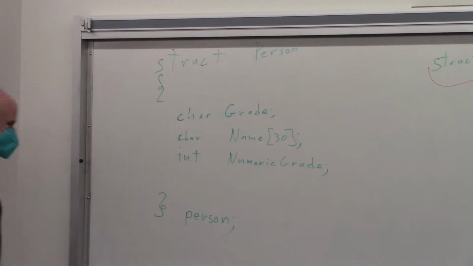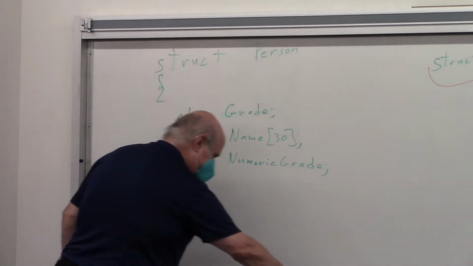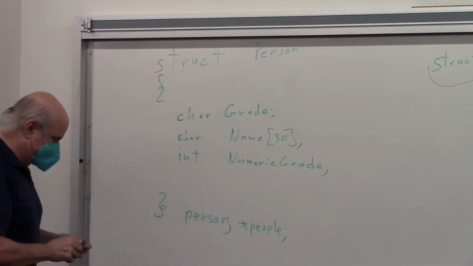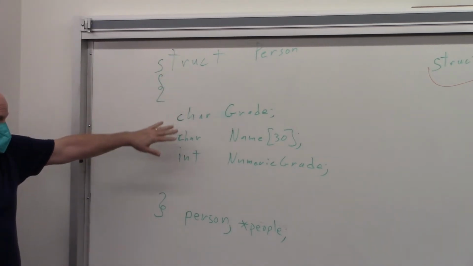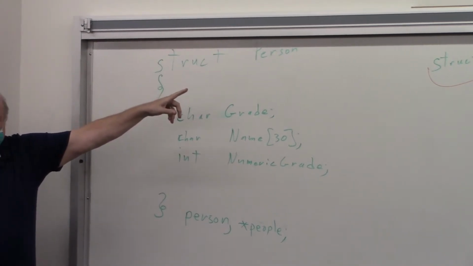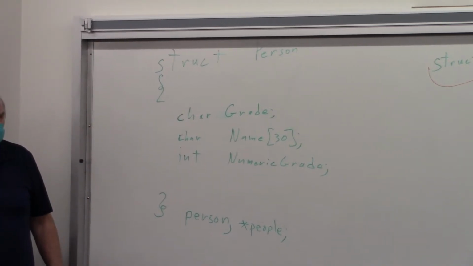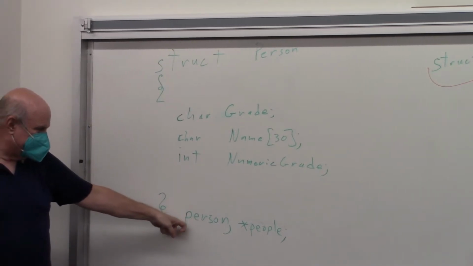It gets even better. And yes, you need to know all this, because there you have not only declared the structure type named person with a capital P, you have declared a variable of type struct person with lowercase person.